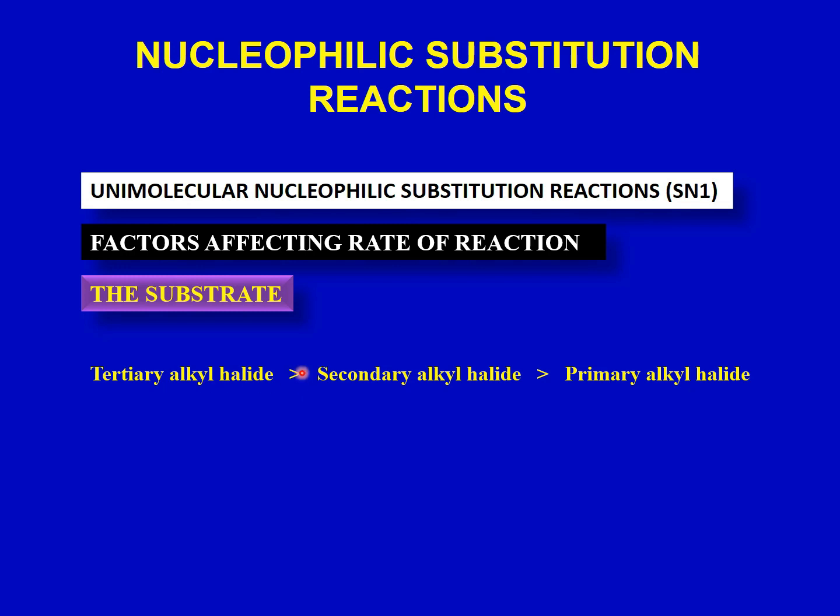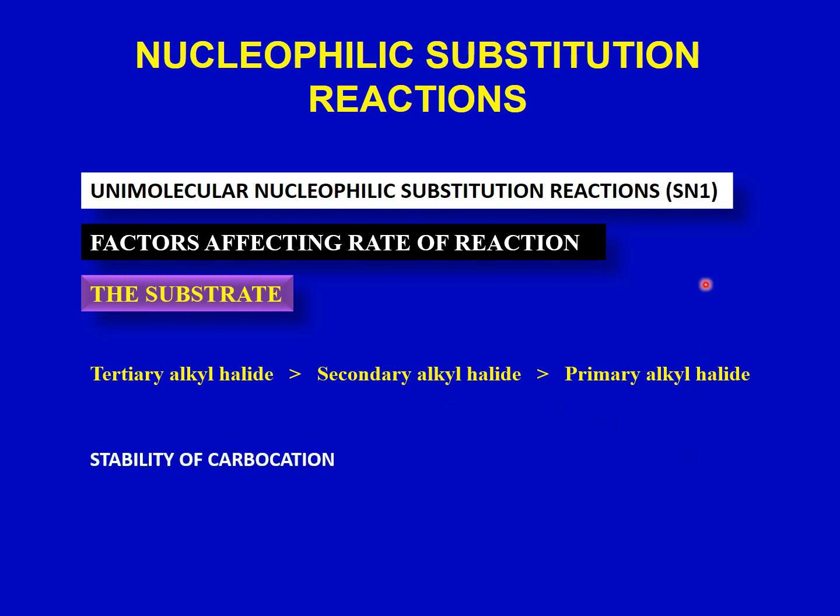You can see that we have a greater than sign towards the tertiary alkyl halide. That means that the rate of reaction in SN1 will be greater for the tertiary alkyl halide, which will be greater than secondary, which will be greater than primary alkyl halide.